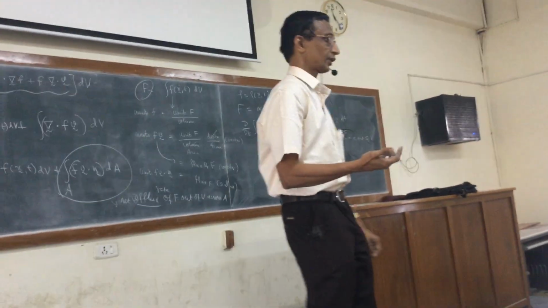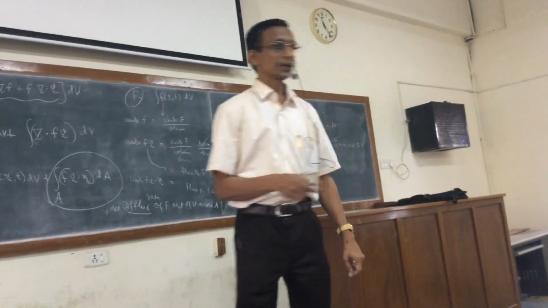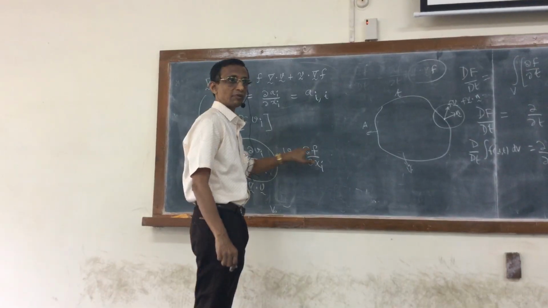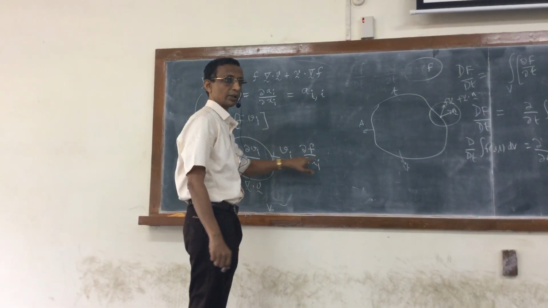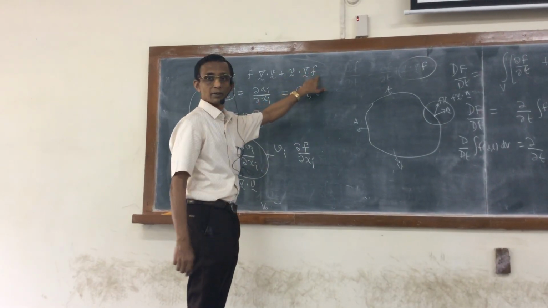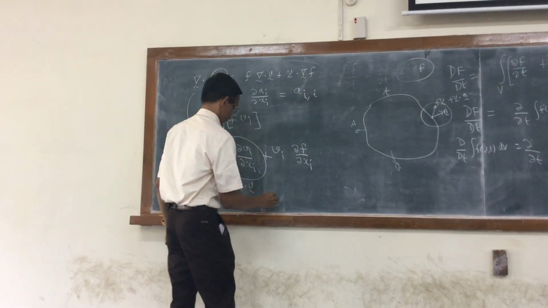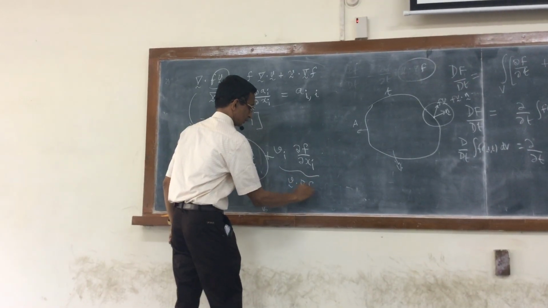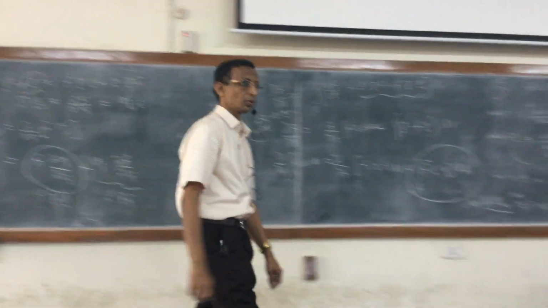So that is the divergence of the velocity vector field. This is v1 df by dx1 plus v2 df by dx2 plus v3 df by dx3. That's nothing but the dot product of v with the gradient of f. This is something that is quite easy to do.